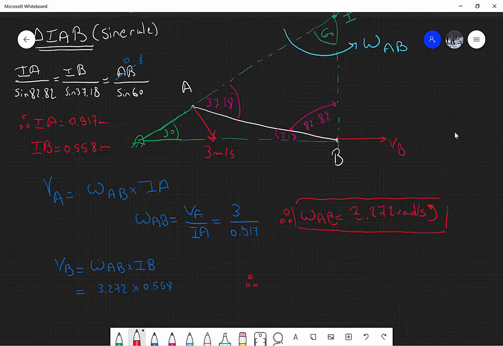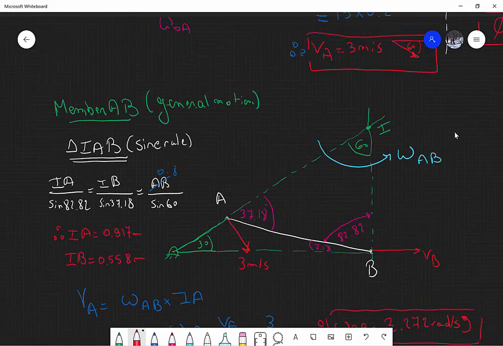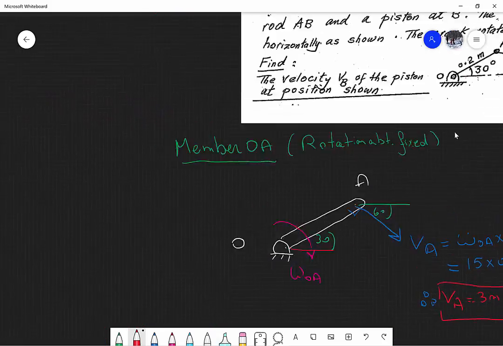Therefore VB equals 1.826 meter per second, and its direction is to the right. This is the final answer of this problem, and it was what was required.